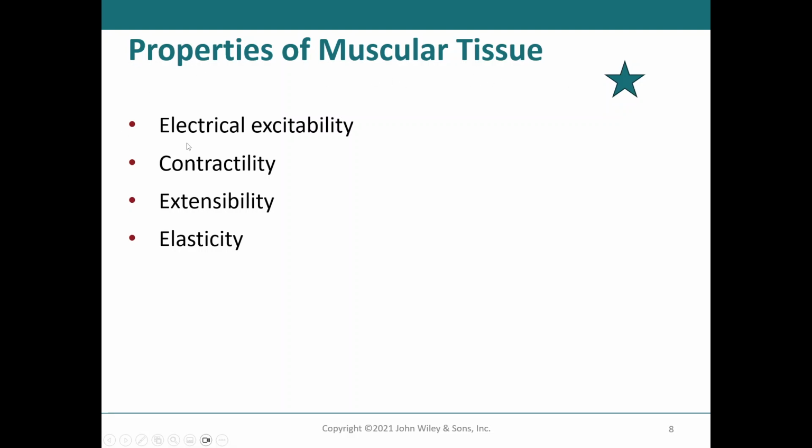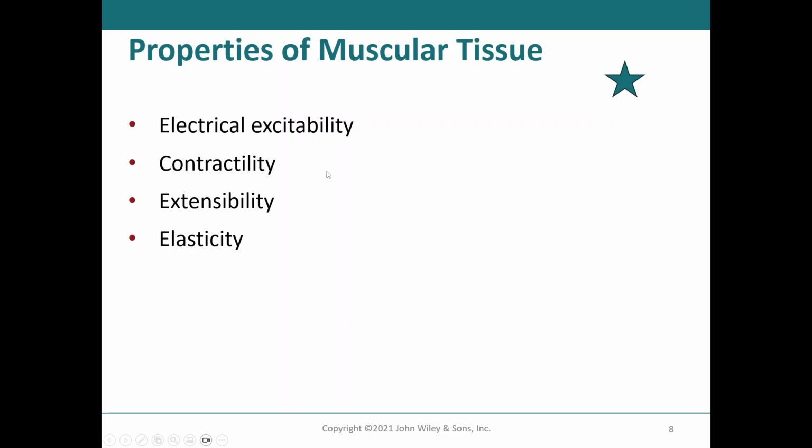So they can be electrically excited. This is why if you get one of those electric pads and you stick it on your muscles, it would contract it for you, and you can feel the muscle twitching. That's that electrical excitability.